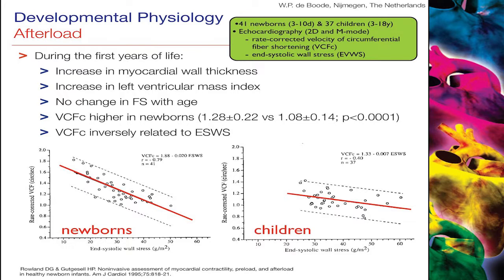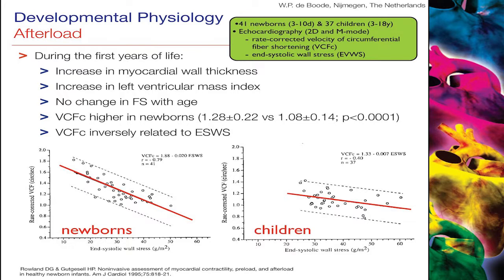But what you see is the difference between newborns and older children. You see a steeper slope in newborns with an increase in afterload. There's a more intense decrease in contractility in comparison with older children.